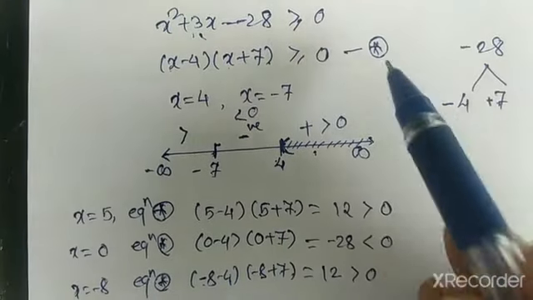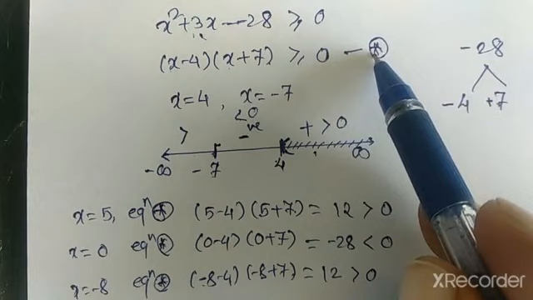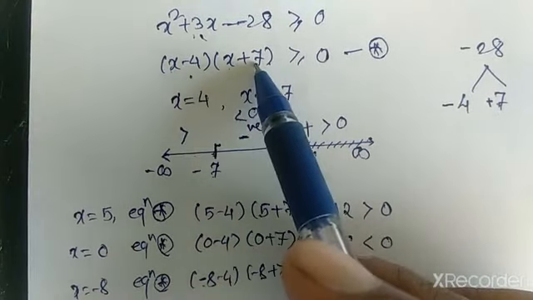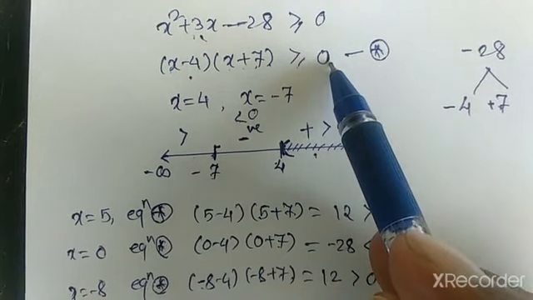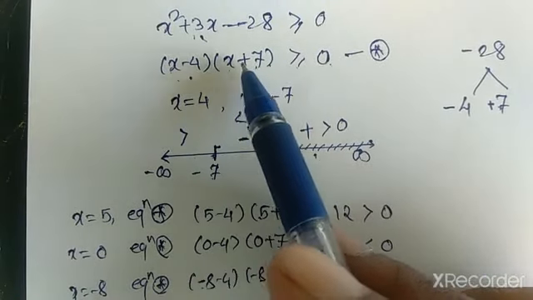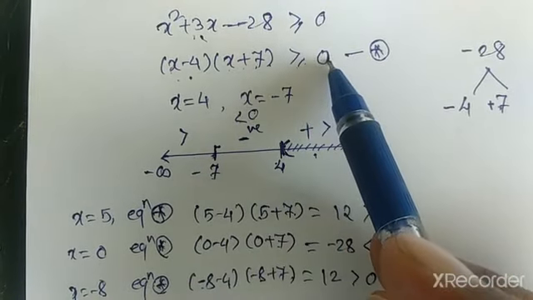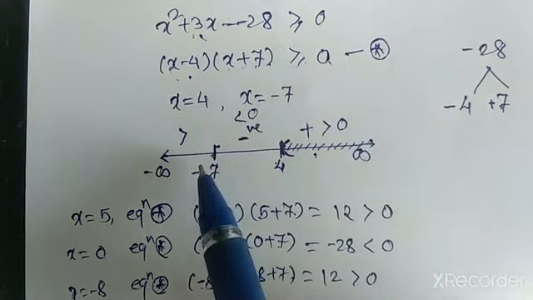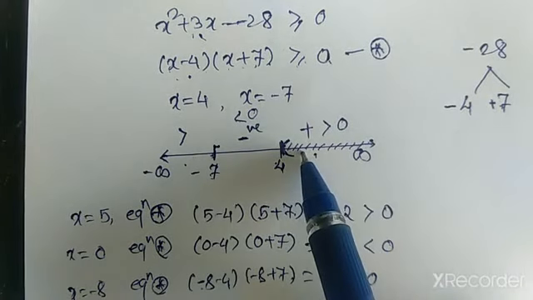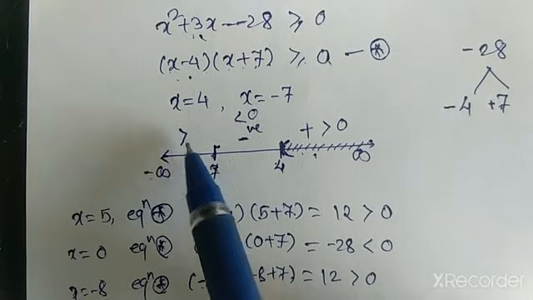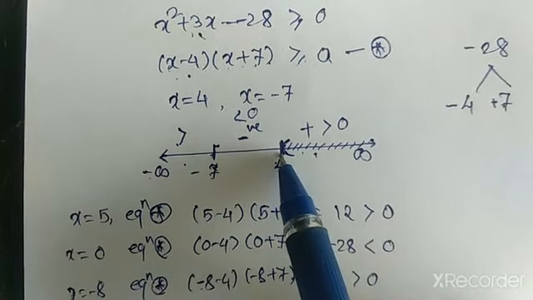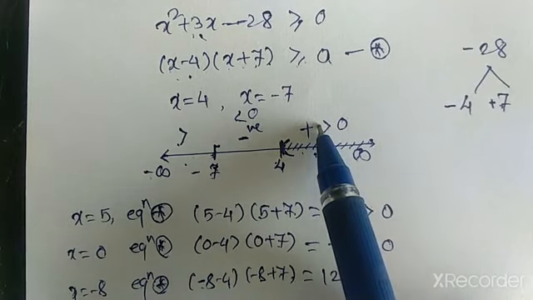Now if we see equation star here, the product of these two terms, x minus 4 into x plus 7, is required to be greater than or equal to 0. In the interval minus infinity to minus 7 it is greater than 0, and in the interval 4 to infinity it is greater than 0.